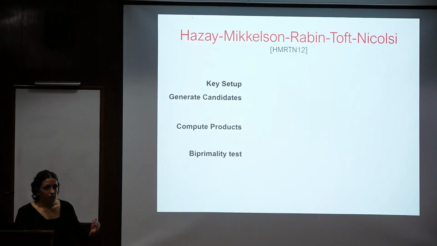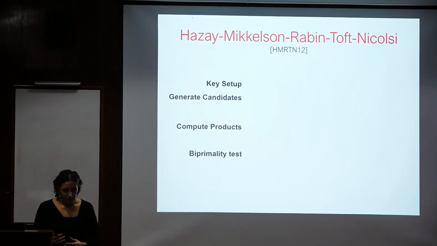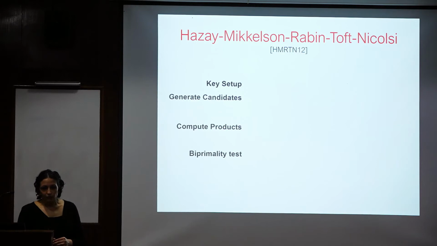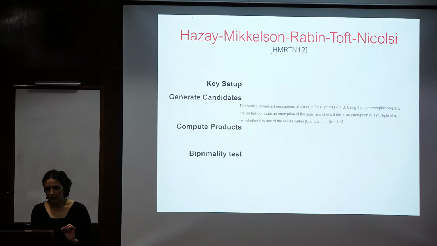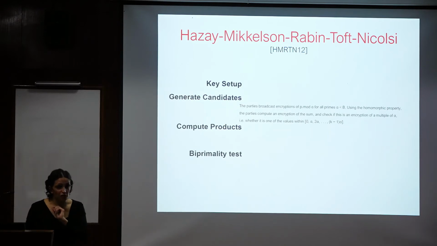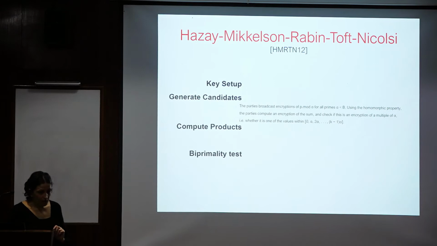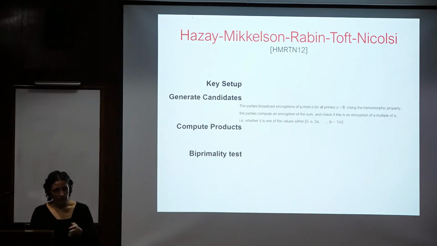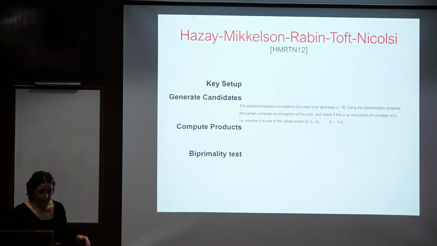In a follow-up work, the project which I was involved in, we used a slightly different mechanism to run the trial division test I was mentioning before from Bonen and Franklin. So we started with a two-party protocol, but could extend it to the multi-party setting.